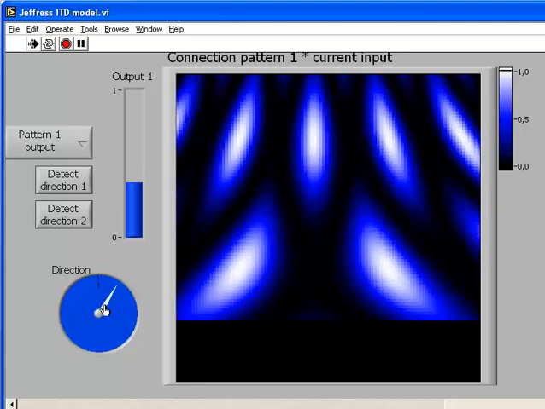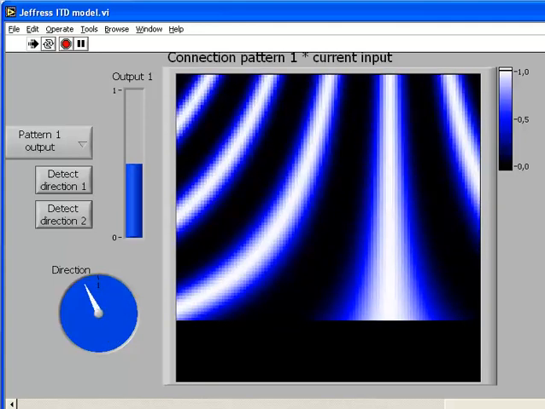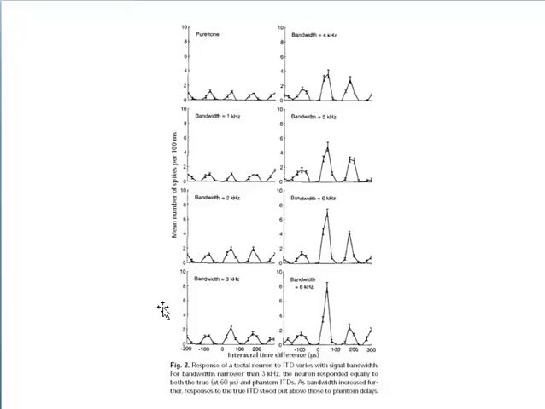Then we have minor peaks elsewhere. So as we increase the bandwidth of the sound, as we have a broader range of frequencies, one particular delay becomes more and more dominant in the response, and these peaks here will be less.